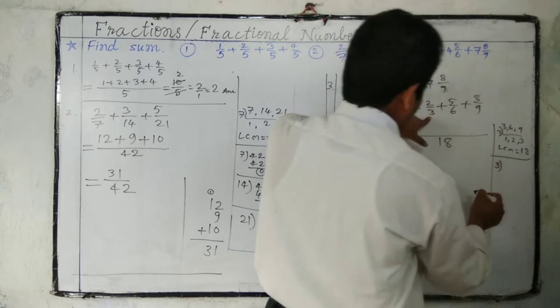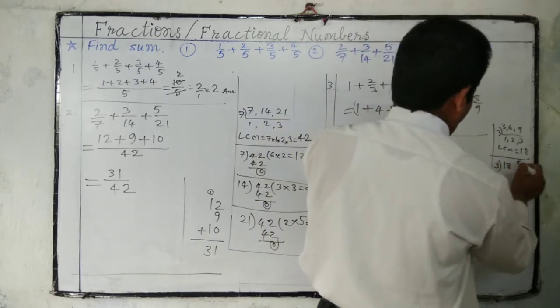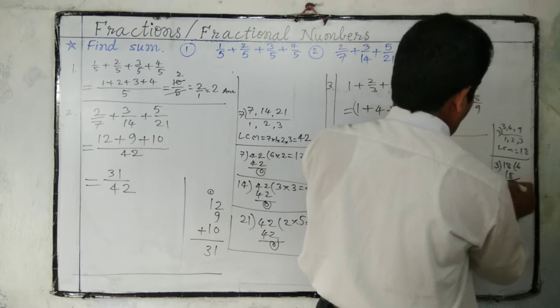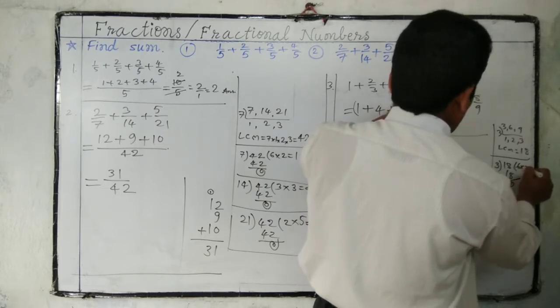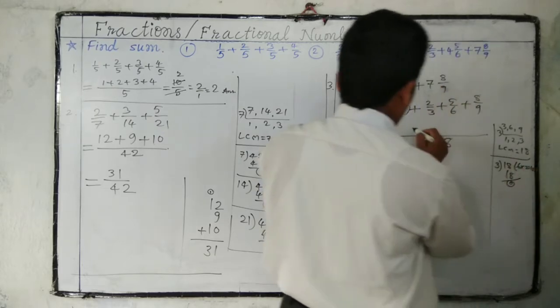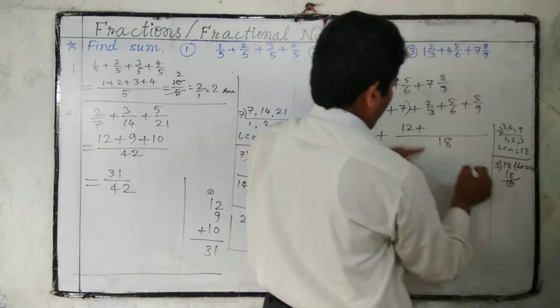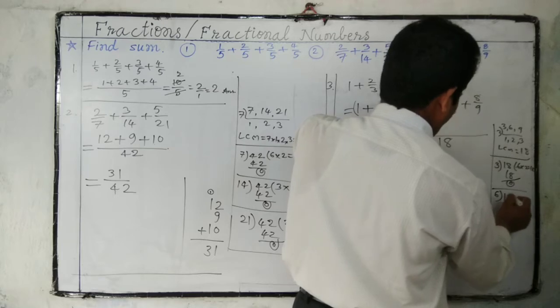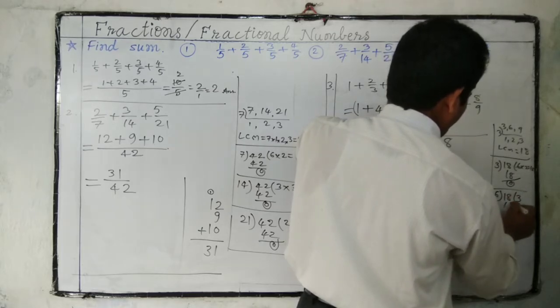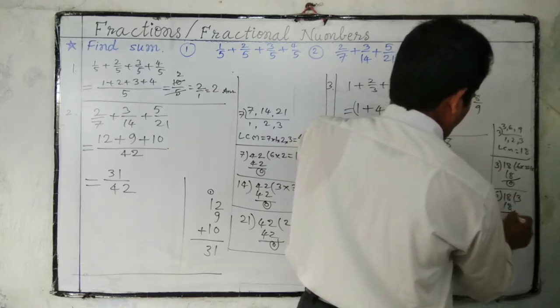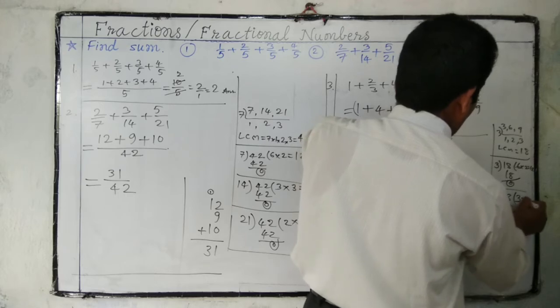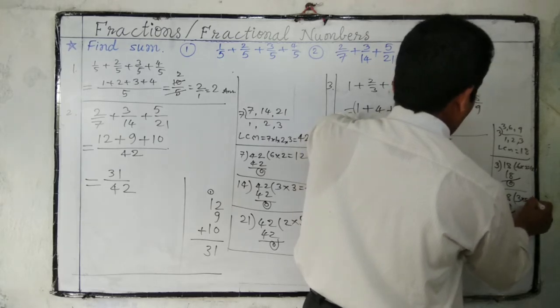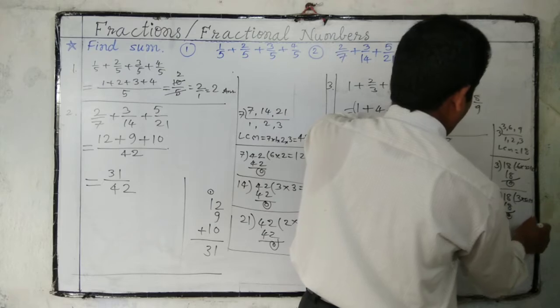With 3, divide this LCM: 18 by 3, 3 sixes are 18, 6 twos are 12, plus. With 6 we divide this 18: 6 threes are 18, 3 fives are 15.